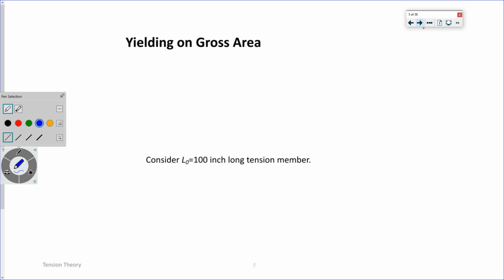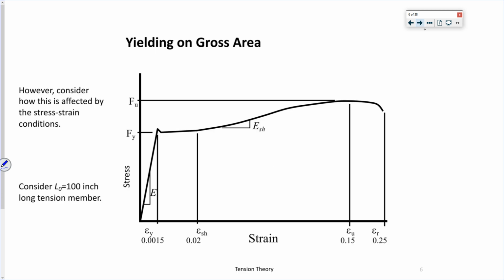So let's consider a 100-inch long tension member. And we're going to follow this stress strain curve.